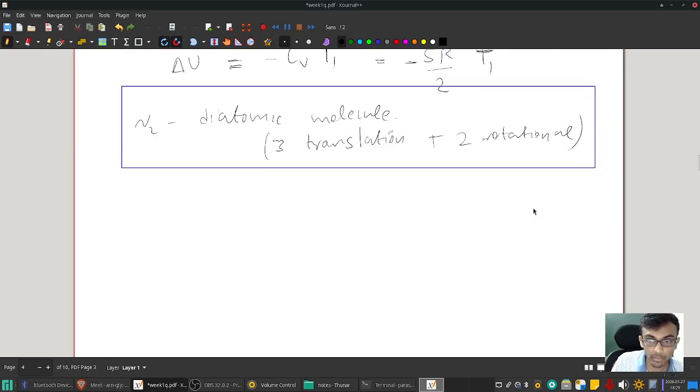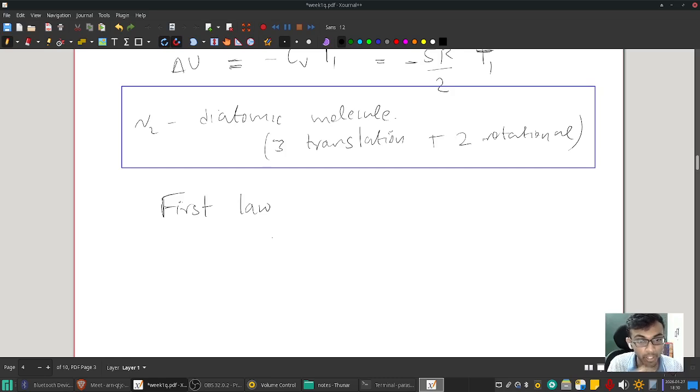And finally, we can make use of the first law of thermodynamics, which is nothing but saying that the total energy is conserved, to find the heat absorbed in the process. So the heat absorbed in the process is the change in internal energy of the system plus the work done by the system.